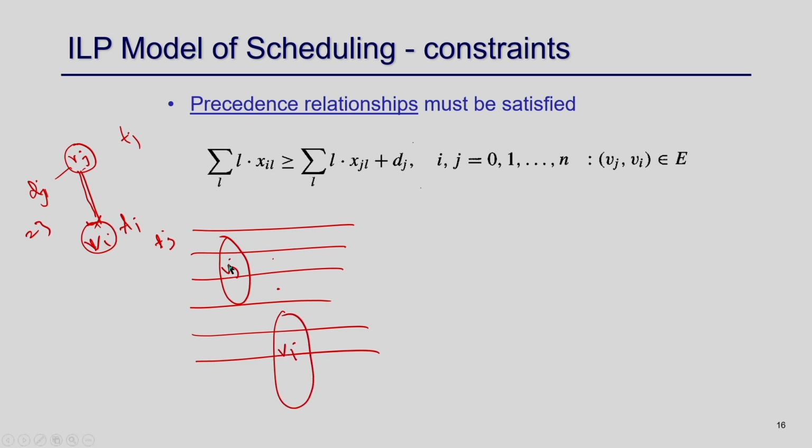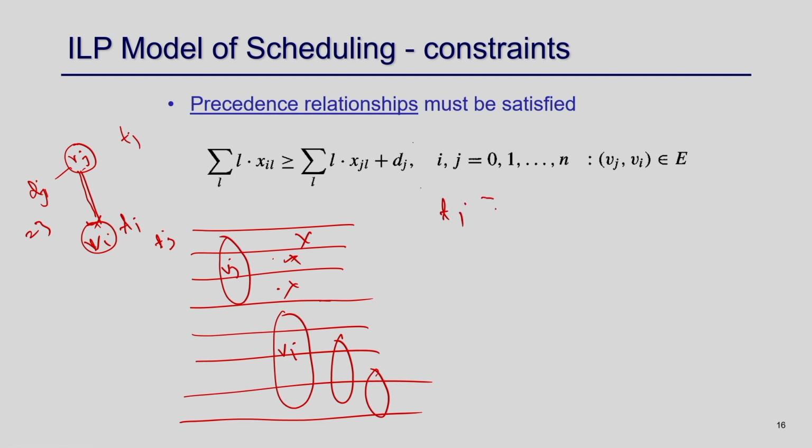Starting from here is possible, but I cannot start in these earlier timestamps. So, my Ti must be greater than or equal to Tj plus Dj, because Dj is the number of timestamps it takes, and I can only start after that.